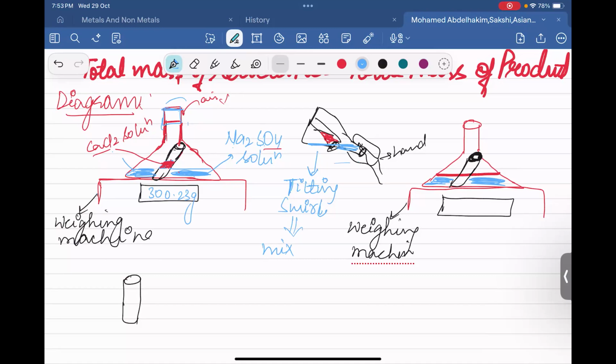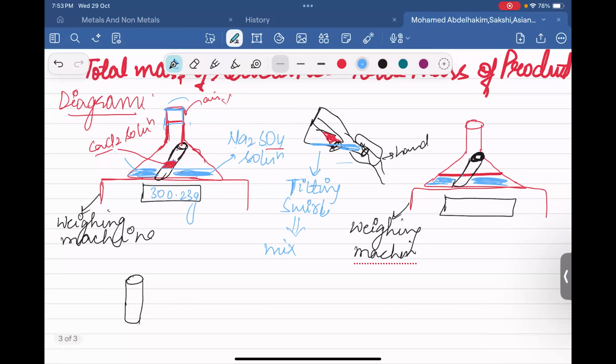After tilting and mixing it, when we keep it and weigh the same thing, it again comes to around 300.23 grams.